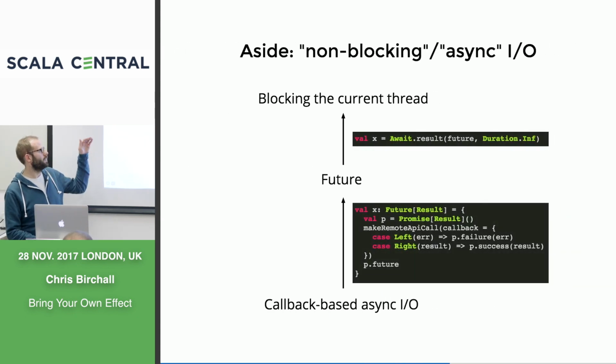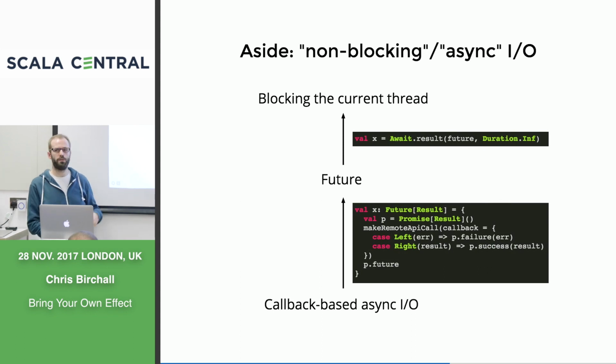And these things have a kind of total ordering of how powerful they are. So if we start at the bottom with this callback-based event-driven I/O, this is the most powerful in the sense that you can wrap it up in this code here and turn it into a normal future that blocks a thread.